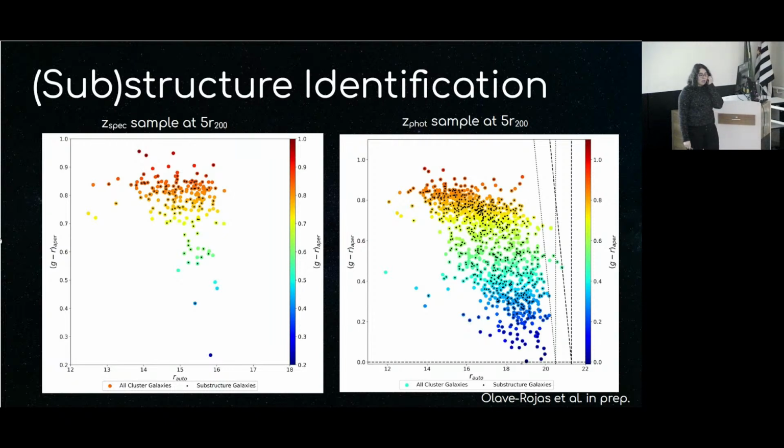Also, clustering algorithms are very powerful because they don't introduce a bias in the kind of galaxies. Through the clustering algorithms, you find galaxies in substructures that are located in all parts of the color magnitude diagram. You can identify blue, red, or green galaxies.